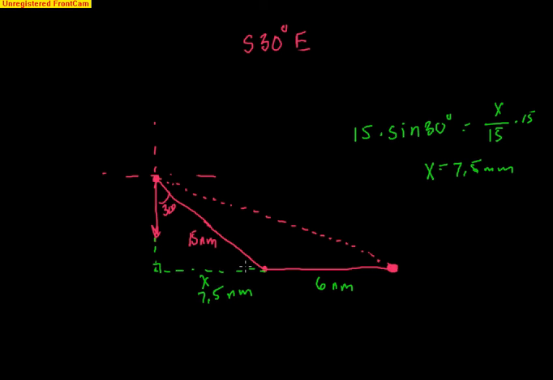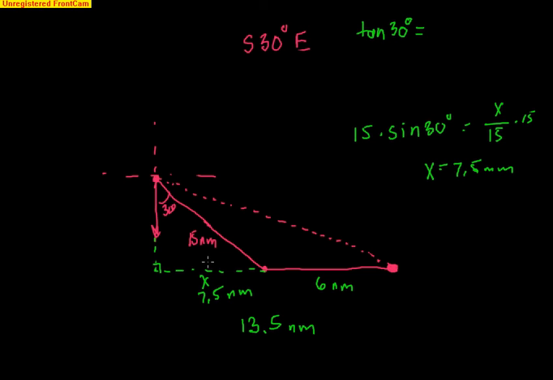So now I know this total distance down here, this huge distance down here, is going to be 13.5 nautical miles. And now I also got to find this distance over here. So once again, I can come back to this original triangle that I drew right here. And I know that this time I'm going to have to use tangent. Tangent of 30 degrees equals the, oh no, I don't want to, okay, I made a mistake.